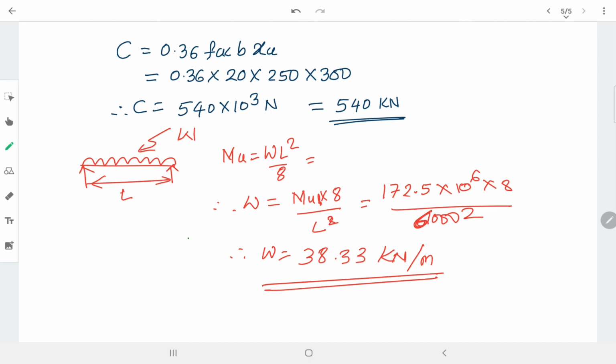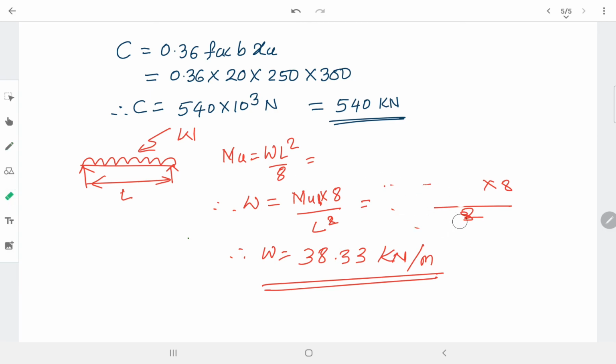In this way we will be calculating whatever the values asked. Even though you calculate in meter itself, you'll be getting the same value.